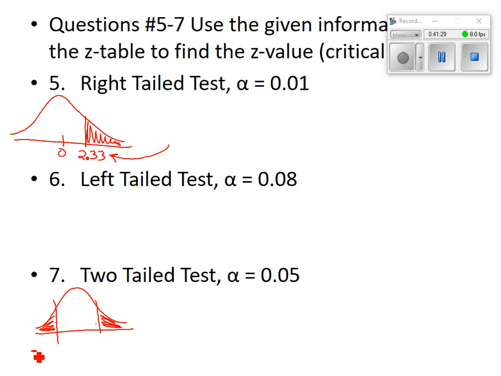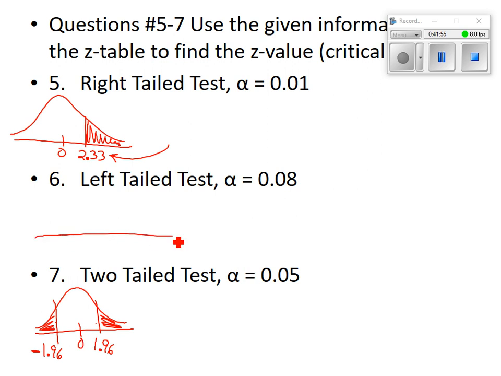I'll give you a hint, this one over here is negative 1.96. And then what's the other one? 1.96, 0 in the middle. Everybody agree with those two? All you really had to have are these two answers: negative 1.96, positive 1.96, but I like drawing it.